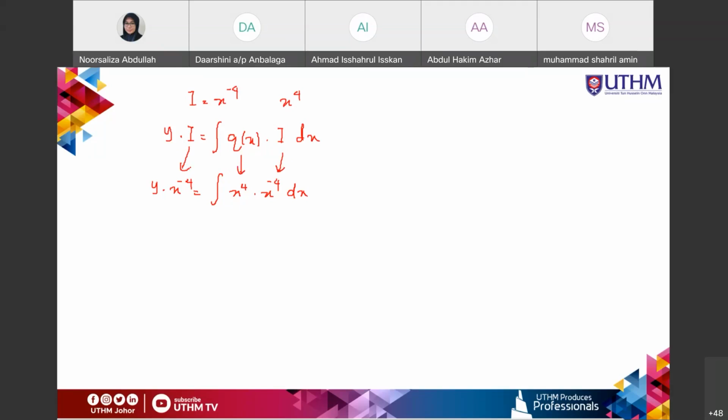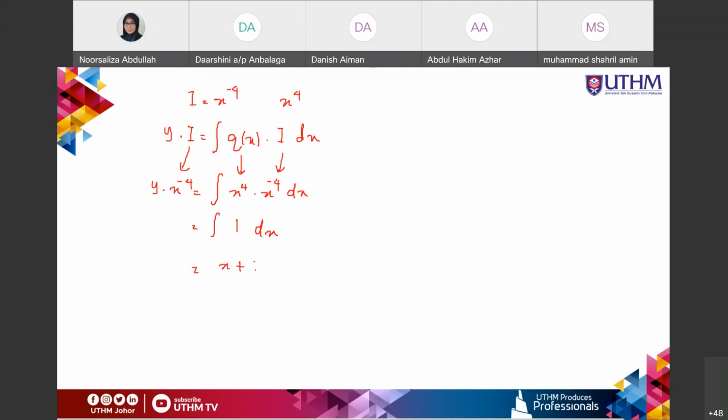So x power 4 plus with minus 4, then for the power, x is 0, which is 1 dx, betul? You integrate 1 dx, you get x plus c.